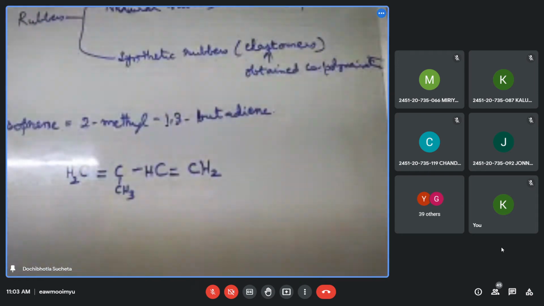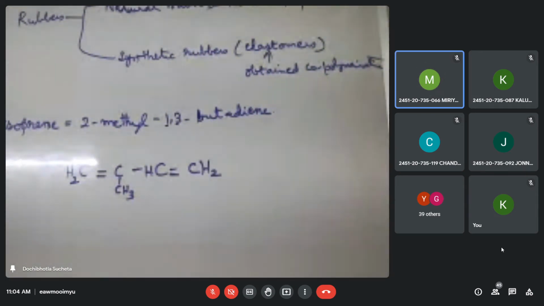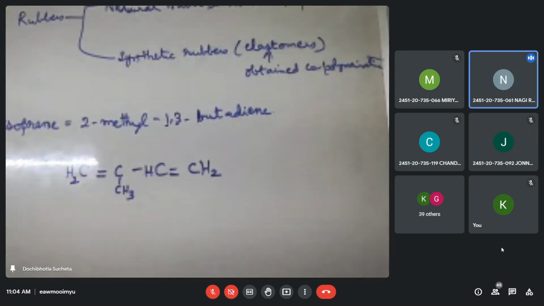Now I have a question for you. What is its functionality? Please tell me the functionality of this. What it means by functionality? Number of binding sites. So what is its functionality now? 2, ma'am.